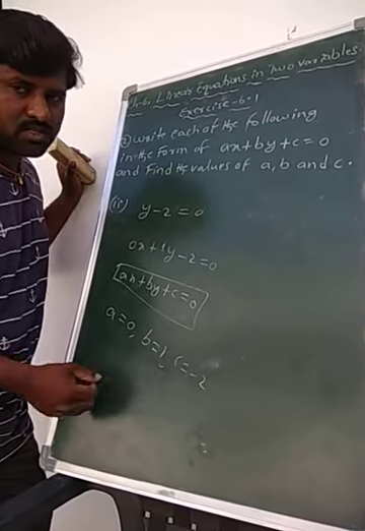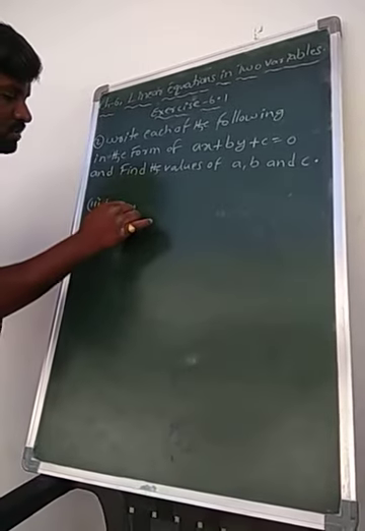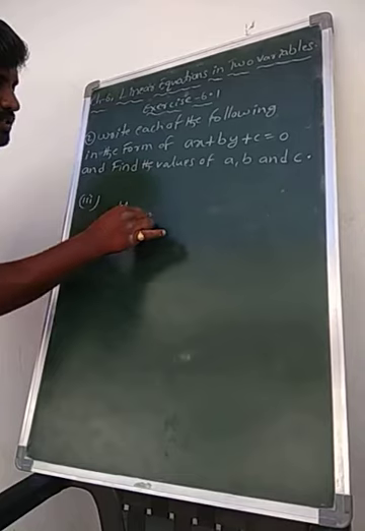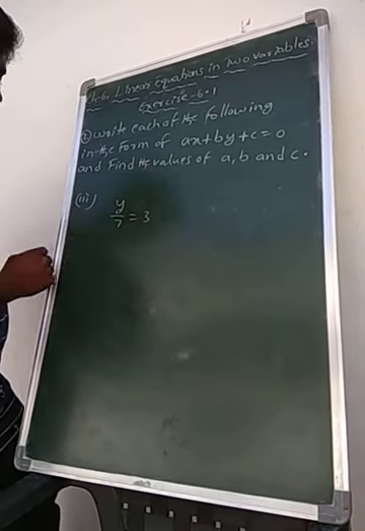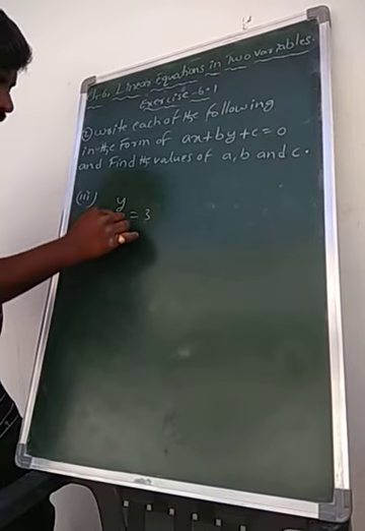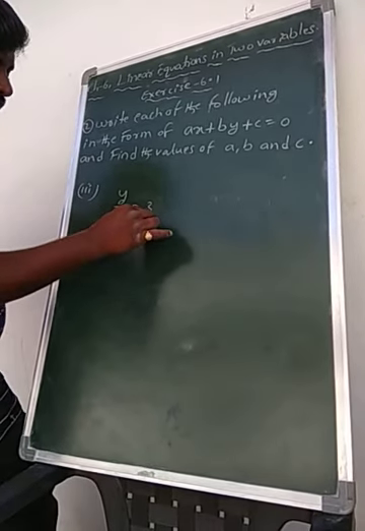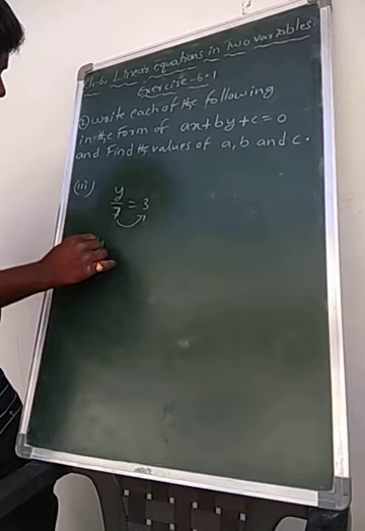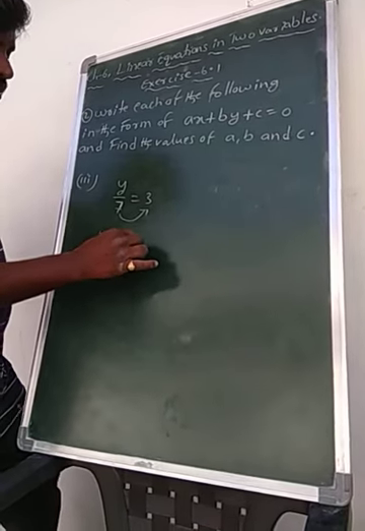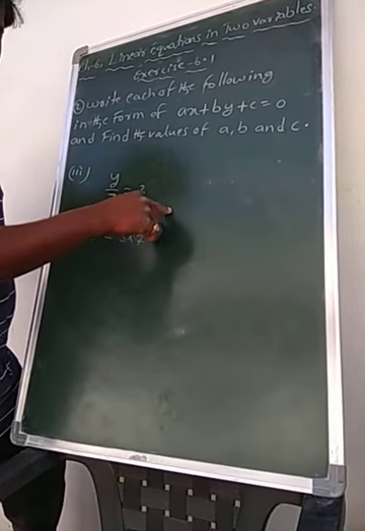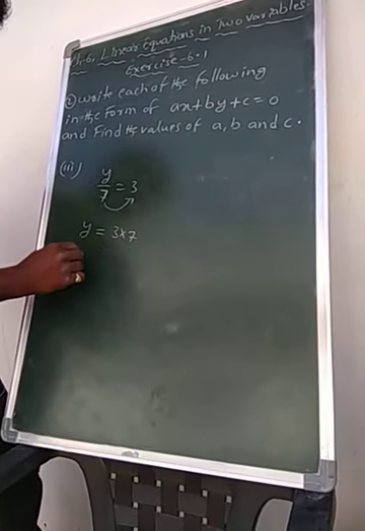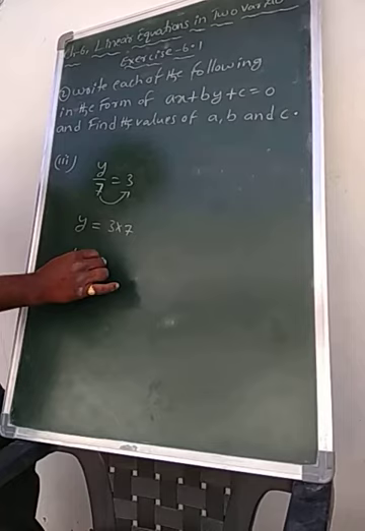Okay students? Like this, y by 7 is equal to 3. So what I am doing, transposing 7 to the RHS side. Then what happened? y is equal to 3 into 7. Division quantity transposing to the RHS side becomes multiplication quantity. So y is equal to 3 sevens are 21.